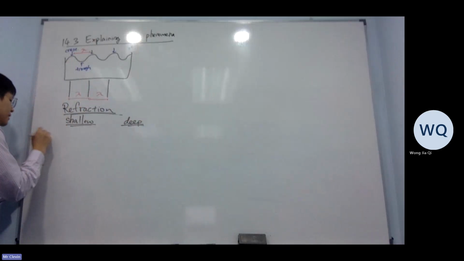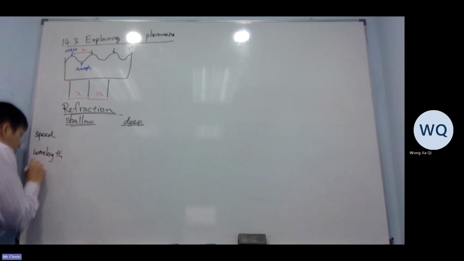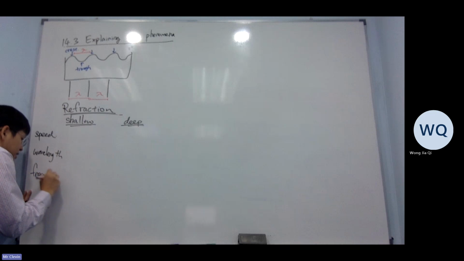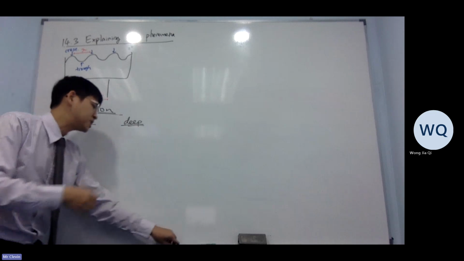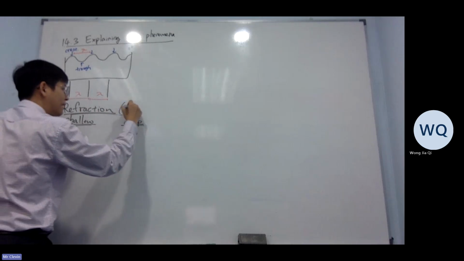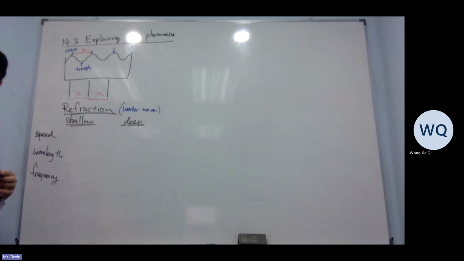So what changed? These are the key things already. Number one, you need to understand the speed. Number two, you need to understand the wavelength. And number three, you need to understand the frequency. Only these three things are what we are looking at specifically. I'm talking about mainly water waves, okay?